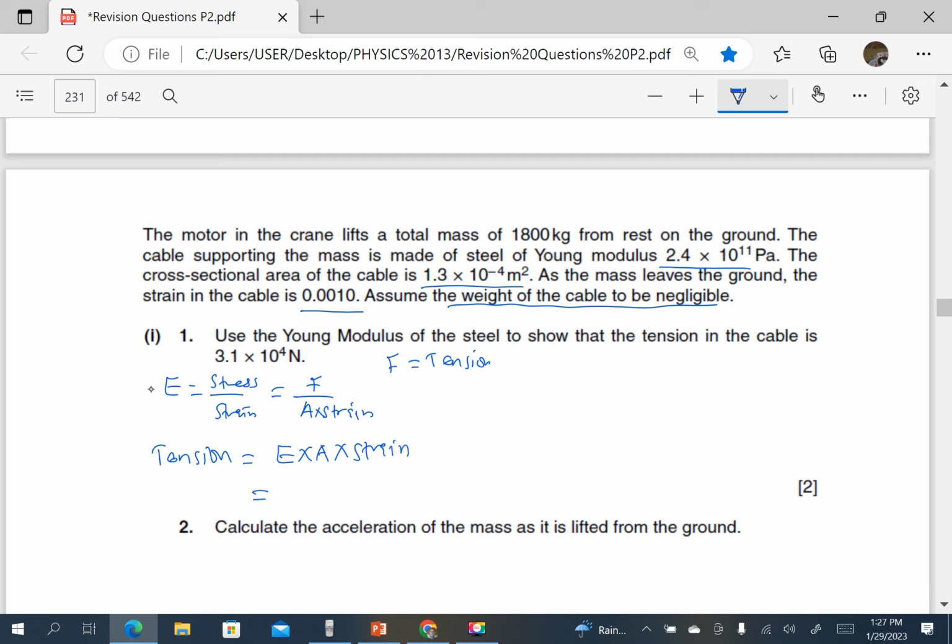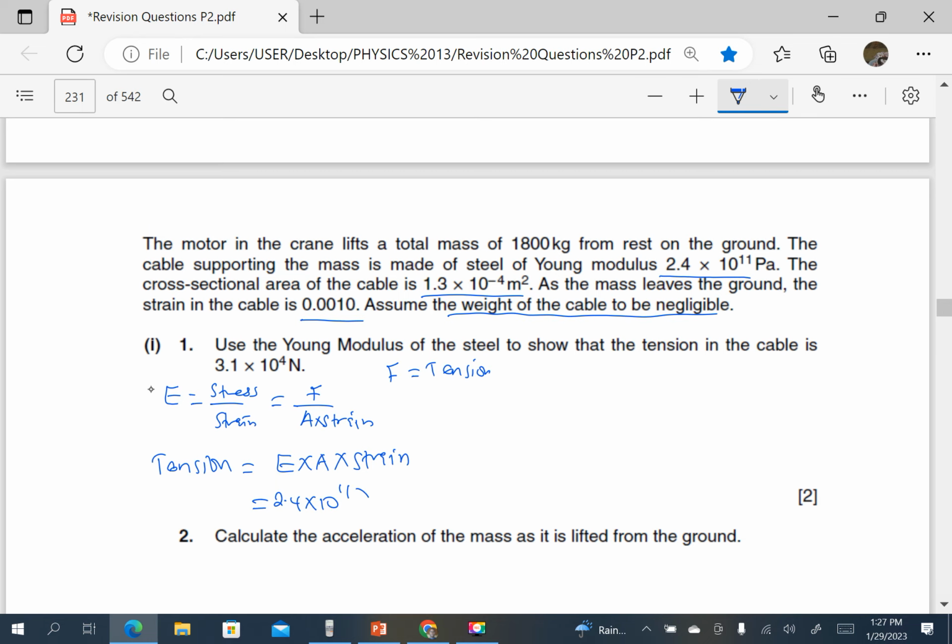So we substitute. Young modulus is 2.4 times 10 power 11. The area is 1.3 times 10 power negative 4. And the strain is 0.001.